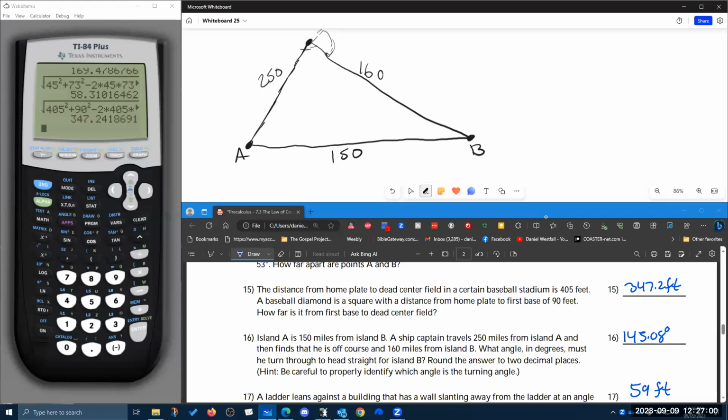All right. So let's solve for this angle up here, which we need 180 minus that angle.